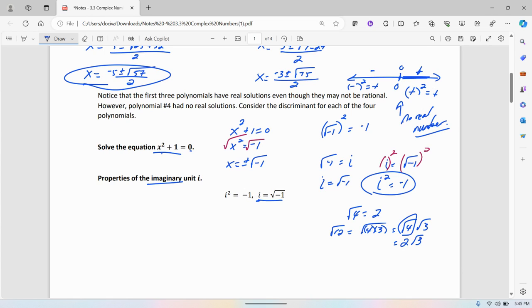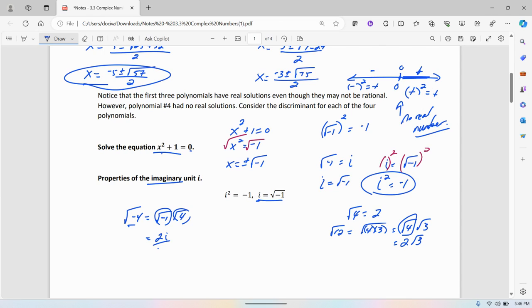So what if I have the square root of -4? I'm going to split that into the square root of -1 times the square root of 4. The square root of 4 is 2. The square root of -1 is i. So the square root of -4 is equal to 2i.